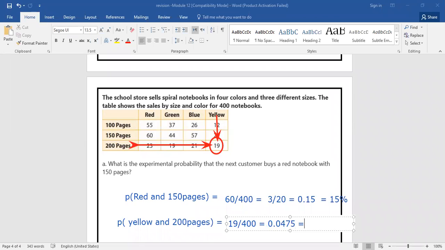If I want to express the answer in percent, who will tell me the answer with percent? It will be 4.75%. Thank you.